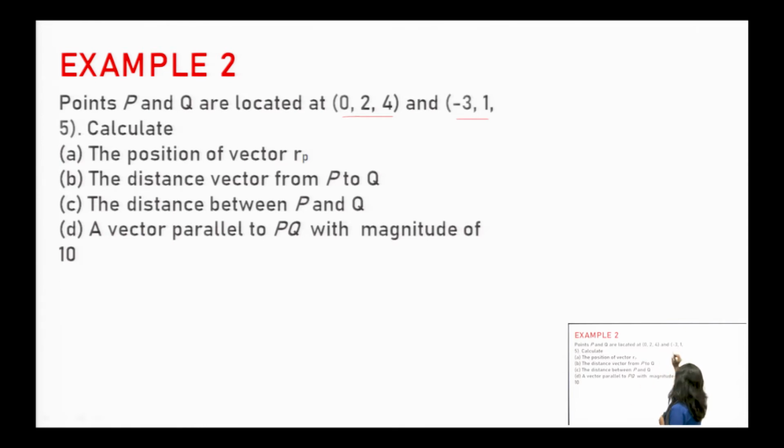Suppose there are 2 points, here is our origin, and here is point P and here is Q. The coordinate of P is given as 0, 2, 4 and the coordinate of Q is given as -3, 1 and 5. So there are two kinds of length vector.